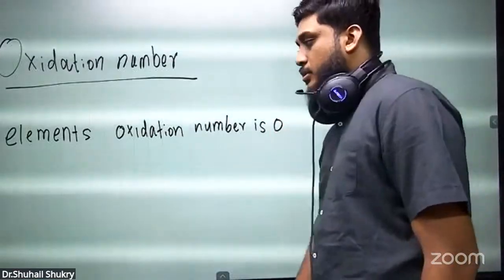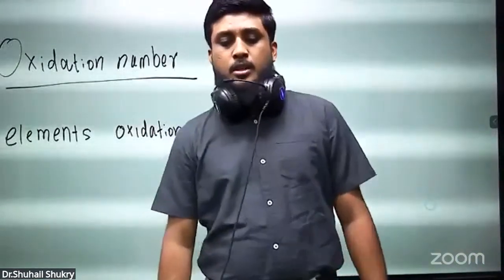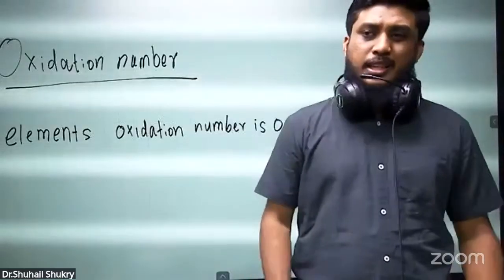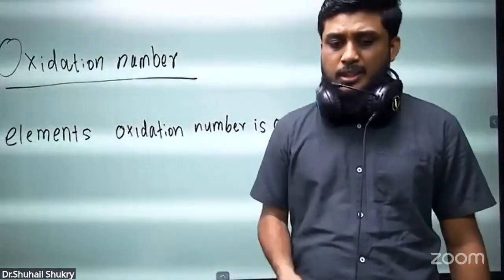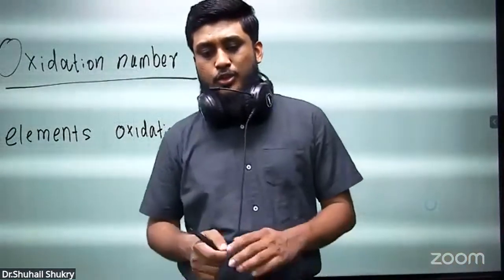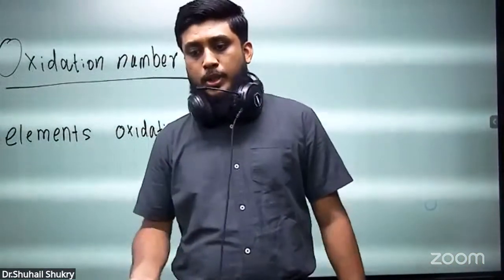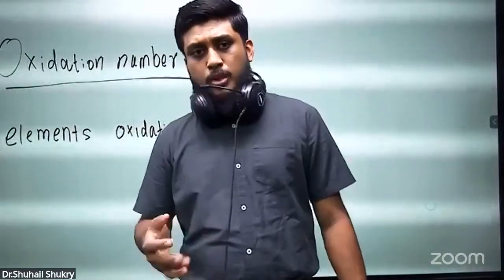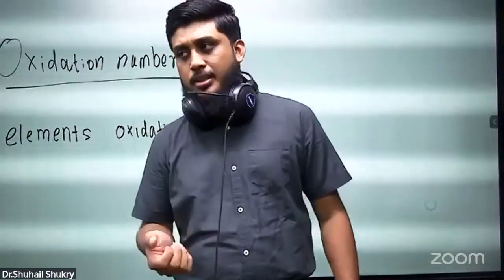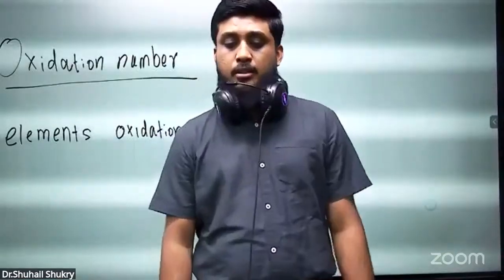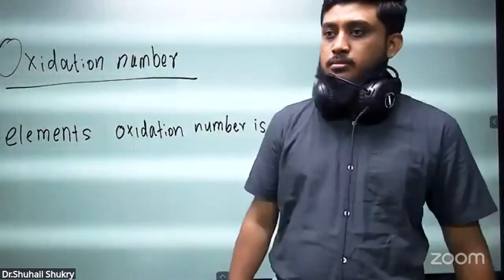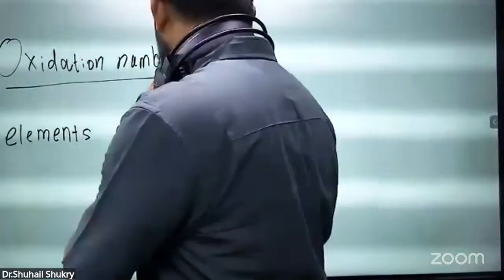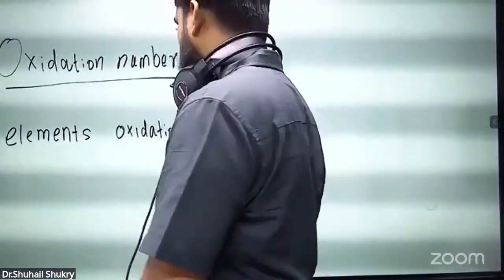If you take elements, their oxidation number is 0. For example, if they ask what is the oxidation number of sulfur, the answer is 0. Chlorine, 0. Fluorine, 0. Any element in its elemental state has oxidation number 0.